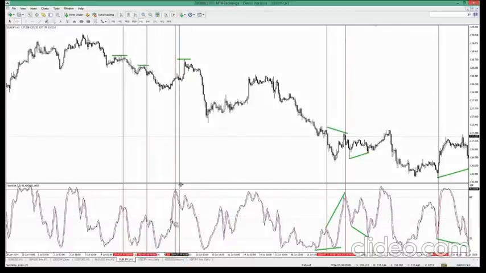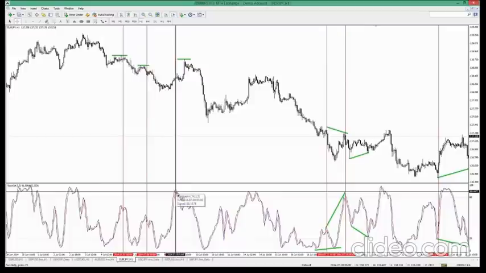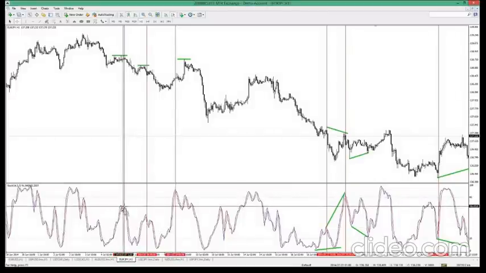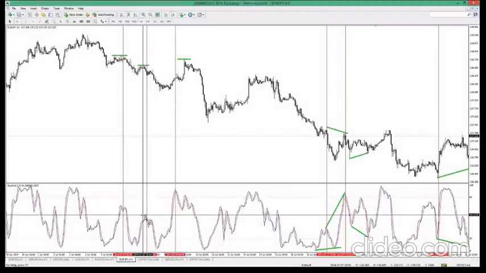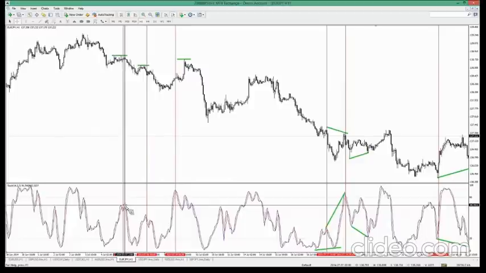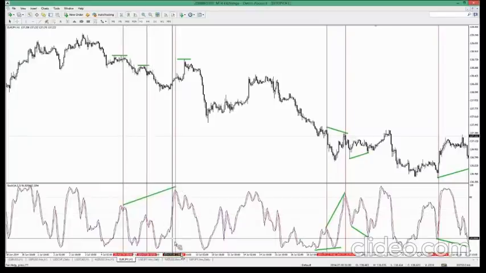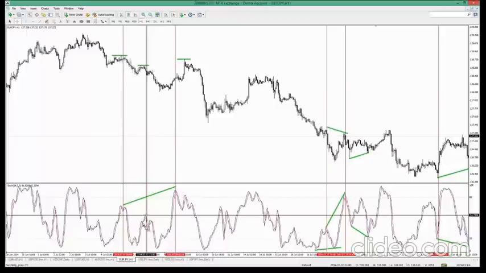Not there, sorry, here. So price kind of moves up, so we could be looking at this one at some stage, possibly. However, this one here kind of keeps you dry. It doesn't have to be on the exact corresponding peaks, the next high to the next. You just need to play around, and that comes with a bit of experience.